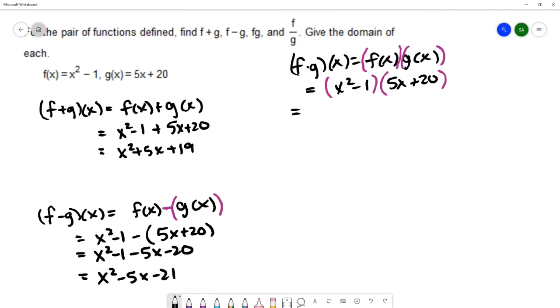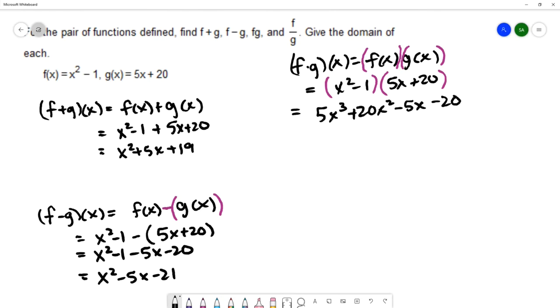So when we multiply, we're going to do x squared times 5x, that's 5x cubed. X squared times 20 is going to give me 20x squared. Negative 1 times 5x is a minus 5x, and negative 1 times 20 is a minus 20. We don't have any like terms there, and so we won't combine them.